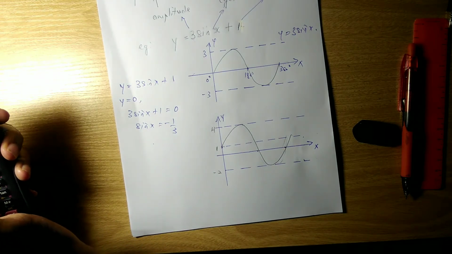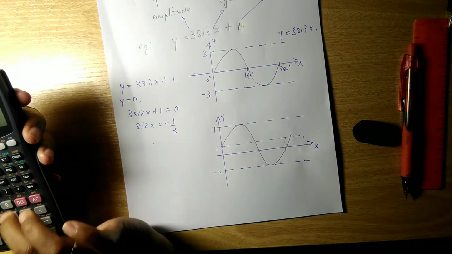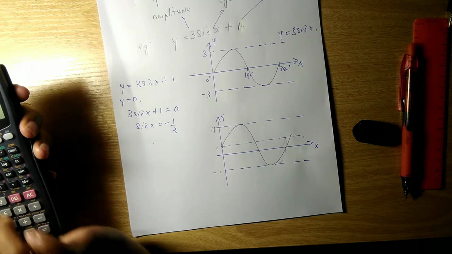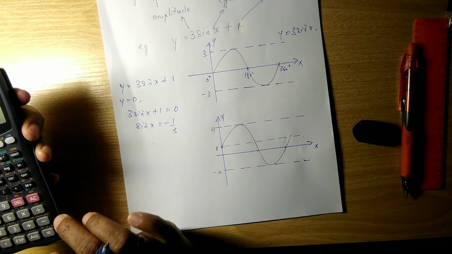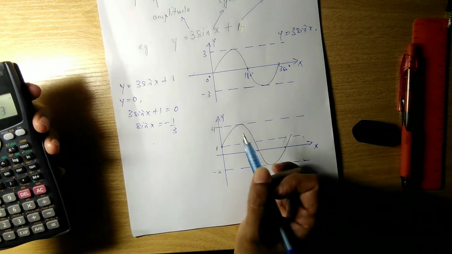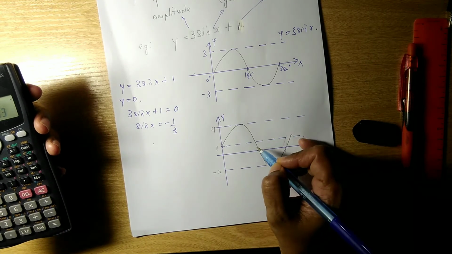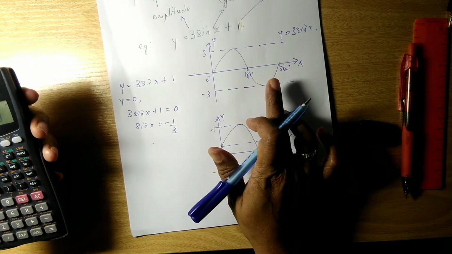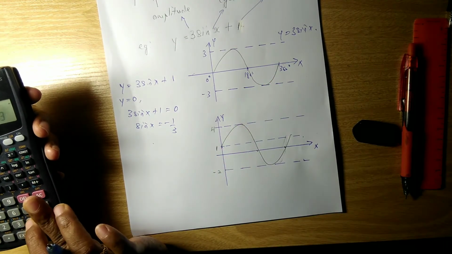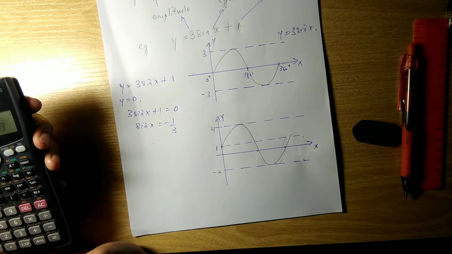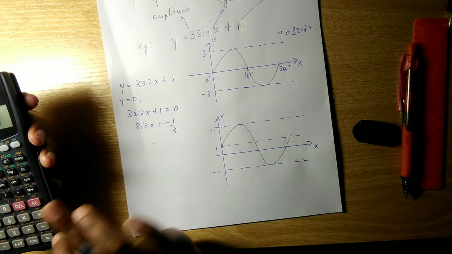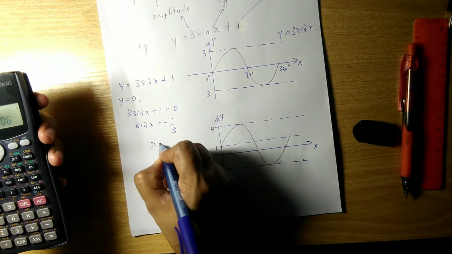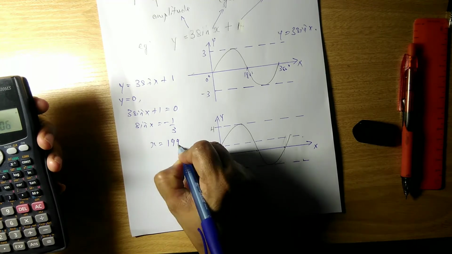Shift sine of 1/3, you get about 19.47. Your negative means your graph is in the third and the fourth quadrant. Third quadrant means you're going to add 180, so x can be 199.47.